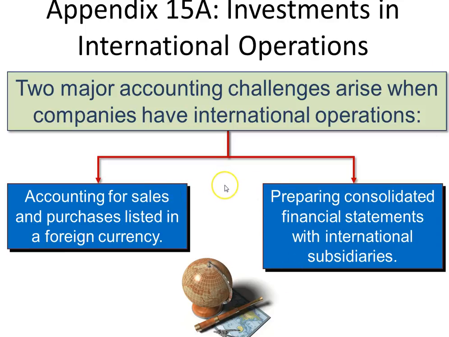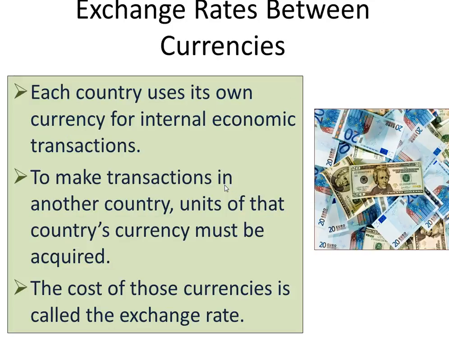You just want to get through this chapter in this class. So, exchange rates between currency. Each country uses its own currencies for international economic transactions. Not completely true. For instance, the countries in Europe have banded together, and they now use a common currency called the euro. Other than that, Brazil will have its own currency.